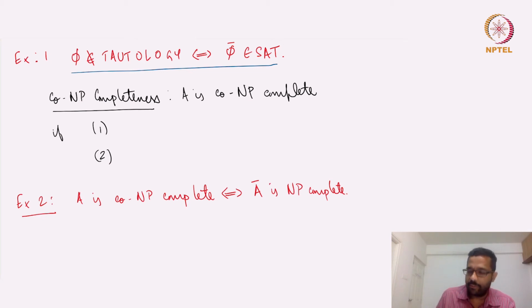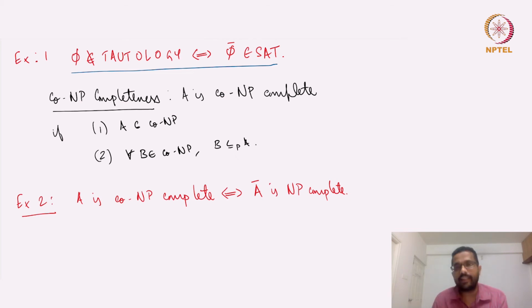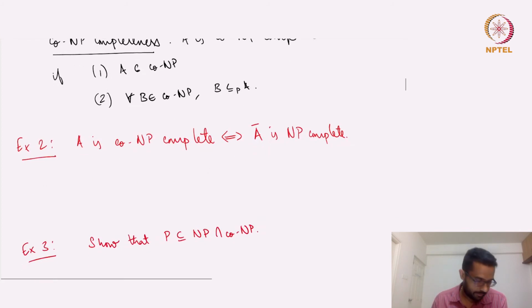A language A is co-NP complete if, one, A is in co-NP, and two, for all B in co-NP, B is reducible to A. This is analogous to NP completeness, except that A should be a member of co-NP instead of NP, and all B in co-NP should be reducible to A instead of all B from NP.